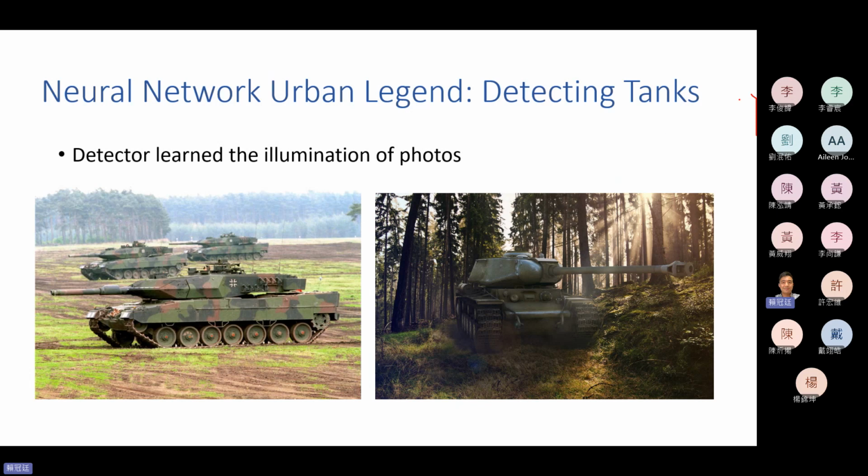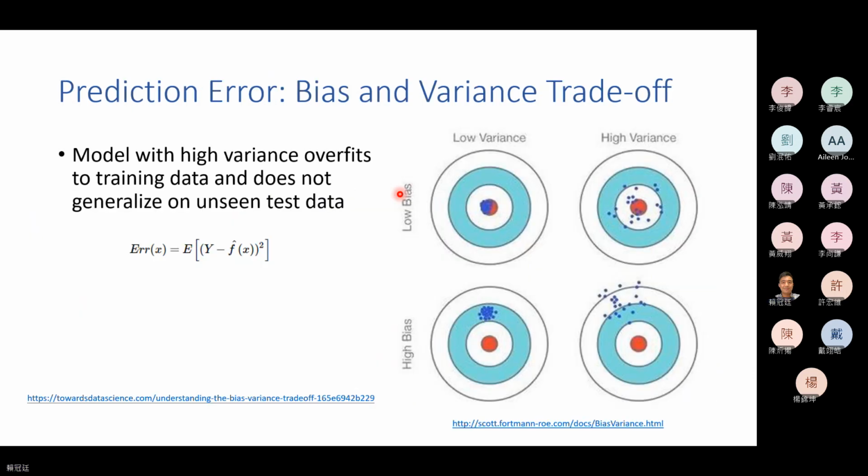Performed very badly on test sets. They finally figured out the detector just learned the illumination of the photos, because the picture of a tank hiding is usually darker, and the tanks in the open field are usually lighter. So they just learned the illumination of the photos. It's overfitting. But yeah, it's just a rumor. No one verified the story.